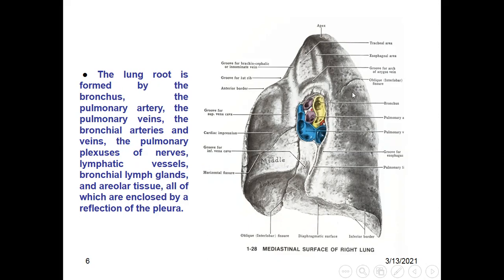And there are two fissures, the oblique fissure and the horizontal fissure, which separate the lung into three lobes. You can see here the groove for the superior vena cava, the groove for the brachiocephalic veins, the groove for the arch of the azygous vein, and also the esophageal and tracheal impressions.